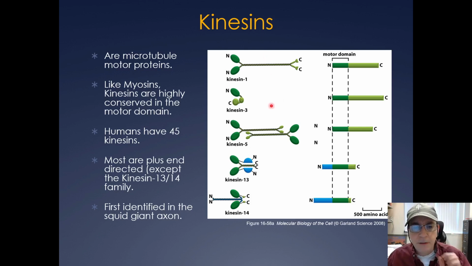Most of the kinesins are actually plus end directed, but there are a few rare exceptions. Kinesin 13 and 14 family members are actually minus end directed. And these kinesins were first identified in the squid giant axon. So you can actually take the major axon out of a squid, purify the kinesins out of it, isolate them in vitro, and show that they have motor activity and can move on microtubules.